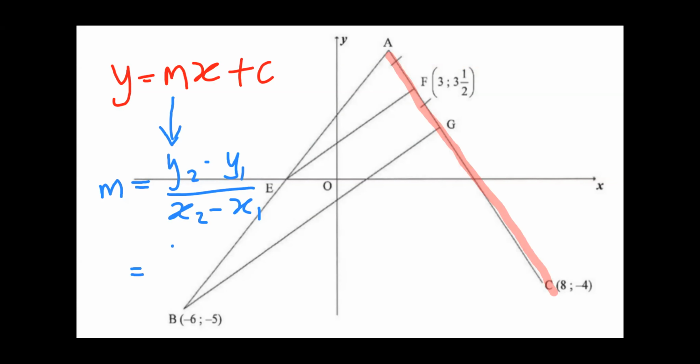You will say 3.5 minus -4, divided by 3 minus 8. Sumila has an answer, -3/2. Can anyone confirm that, please? -3/2.